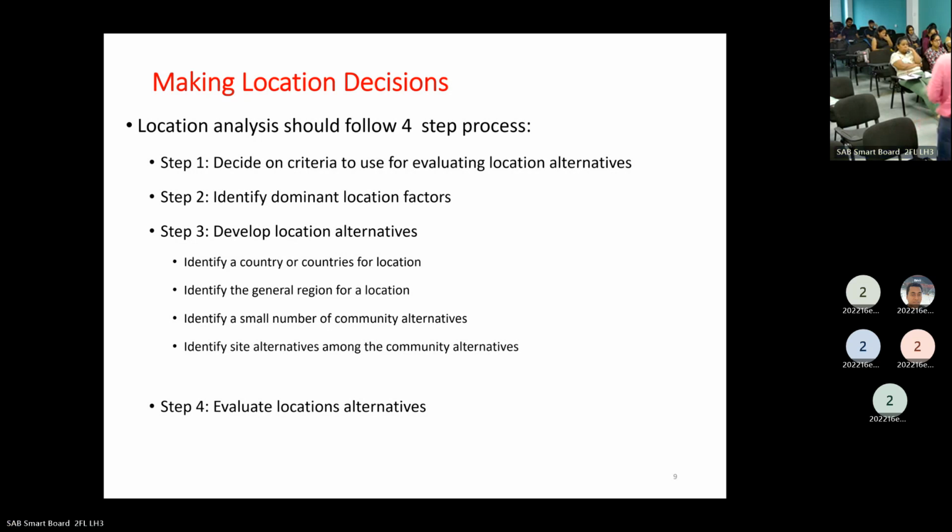Third step, right? Once they have a clear idea of your evaluation criteria, your factors, and then what are the different location alternatives considered? Are we going to select one place within a district, within a province, or within the country?